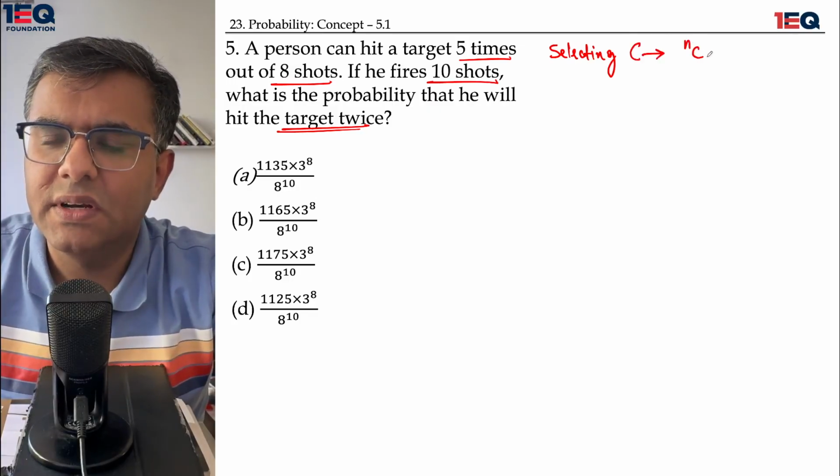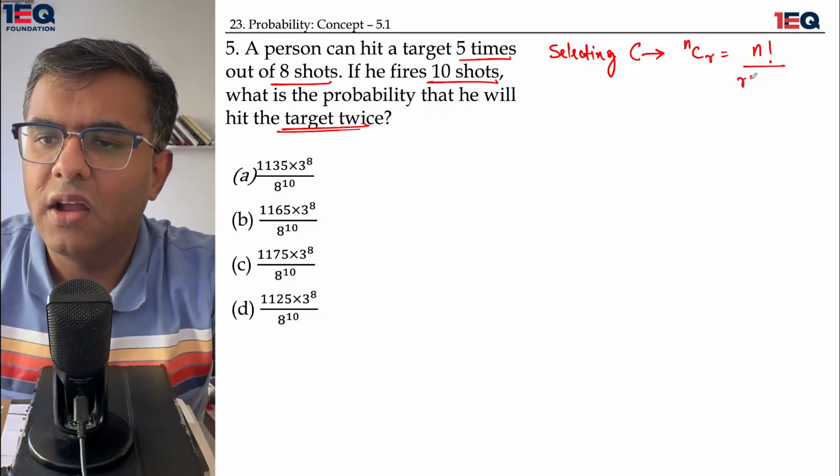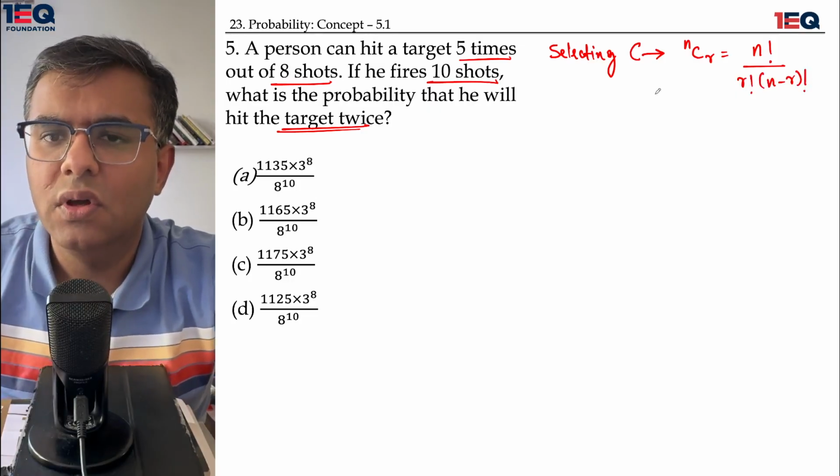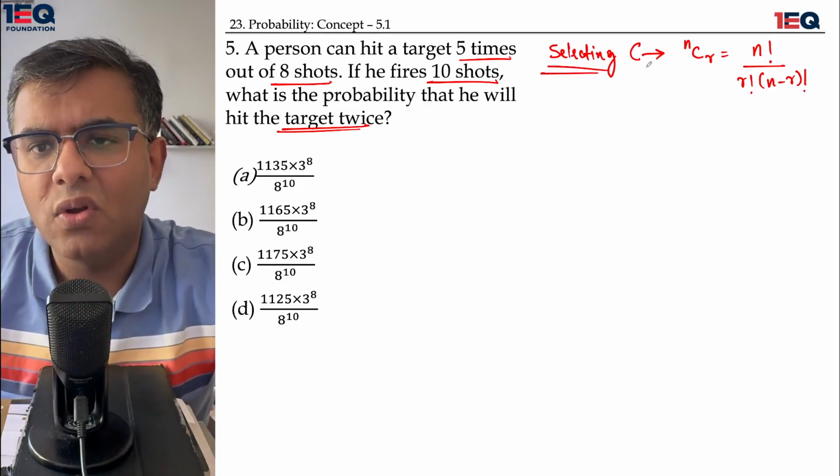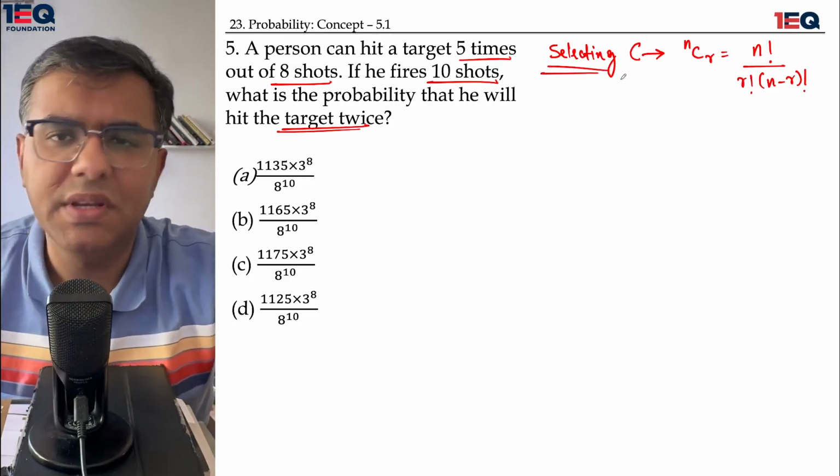It is represented as nCr, and nCr stands for n factorial divided by r factorial multiplied by (n minus r) factorial. So whenever we get a choice of selecting something out of a set, that is when combinations are used.